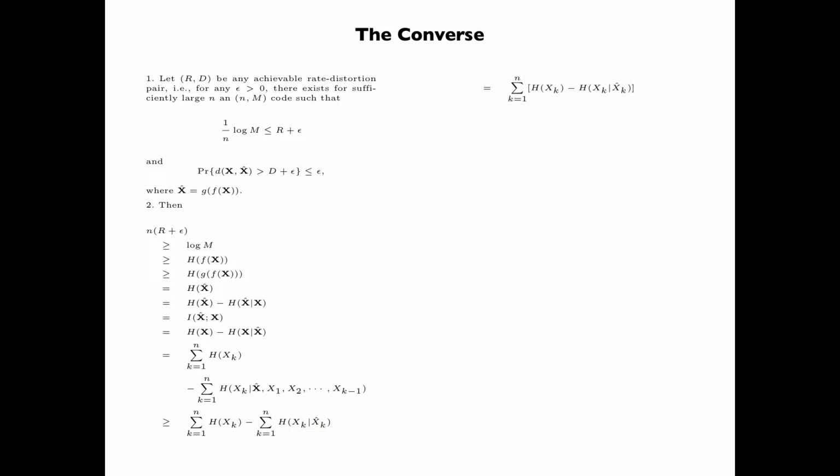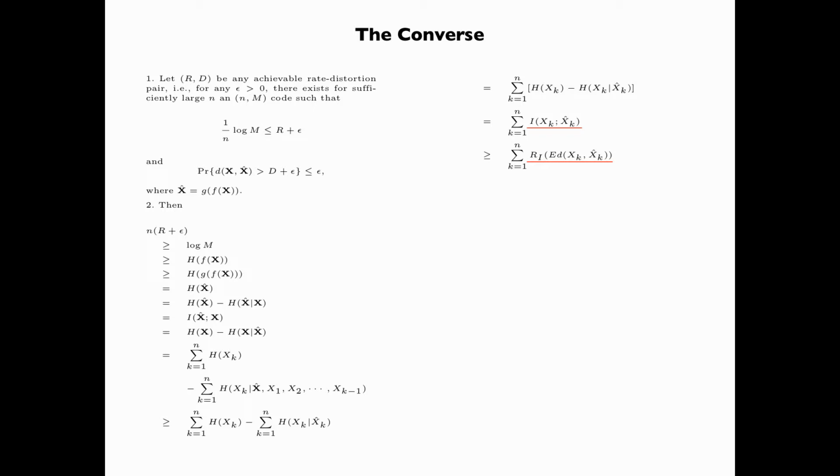And this is equal to the summation k equals 1 up to n of H of xk minus H of xk given xk hat, which is equal to I(xk; xk hat). Now this mutual information between xk and xk hat is lower bounded by R_I evaluated at the expectation of the distortion between xk and xk hat.